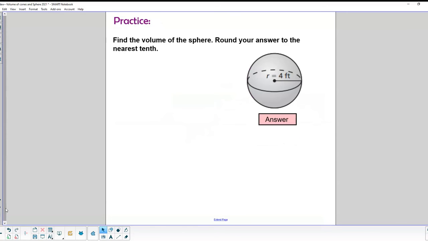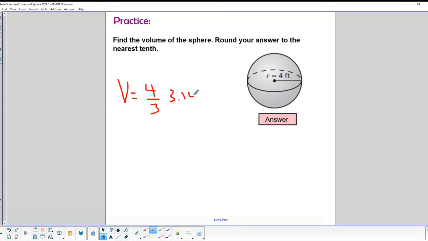Okay, here's another one. We got a volume of a sphere. Round your answer to the nearest tenth. All right, so we'll try that on this one. So let's write it out. Volume equals 4/3 times 3.14 times the radius cubed, 4 to the third power. So we get our calculator. 4 divided by 3 equals that.